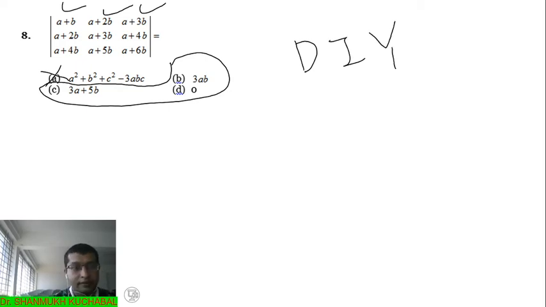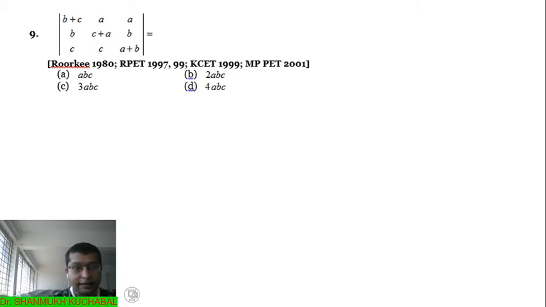Okay, yes. Similarly example number 9 also. So very simple it is. Okay, so you also solve along with me. So I take a equal to b equal to c equal to 1 here, right?